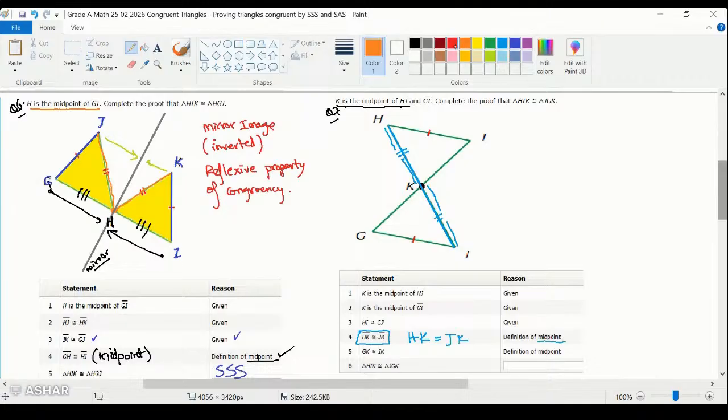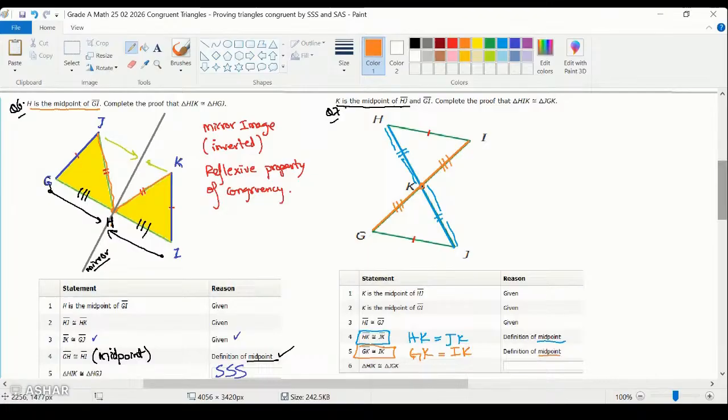Similarly, if G, H, and I was a straight line, let's pick up a color. If I say the line GHI is a straight line and K was the midpoint, that means these two parts would be equal. From here, we can say the length of GK must be equal to the length of IK by the property of, okay.